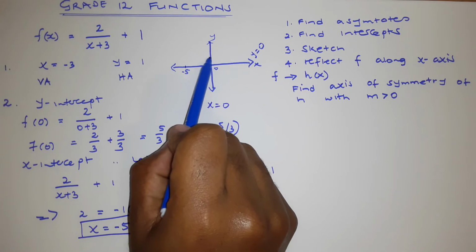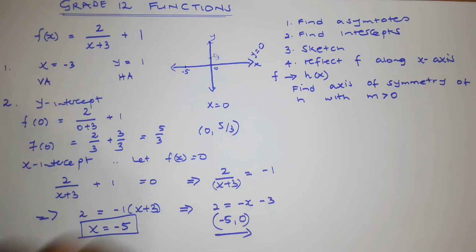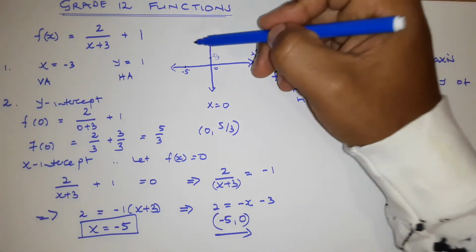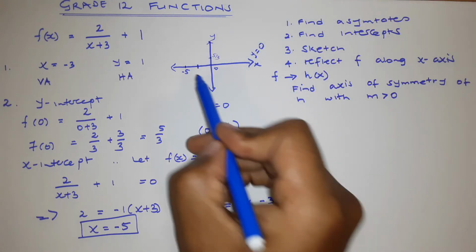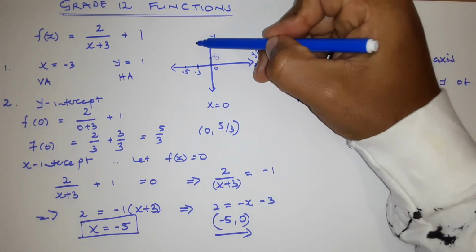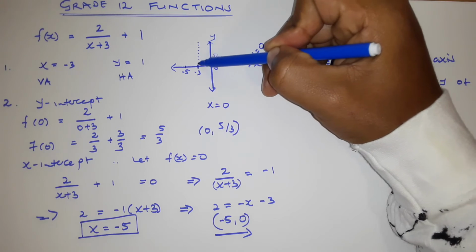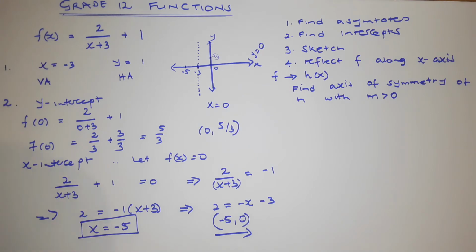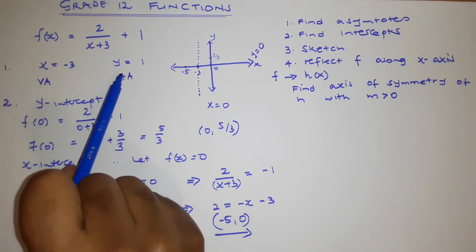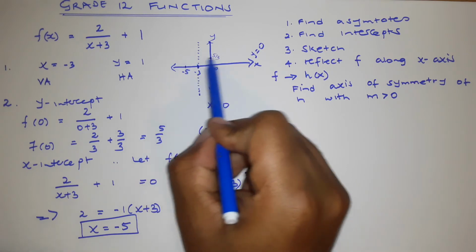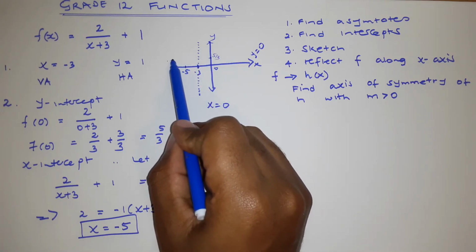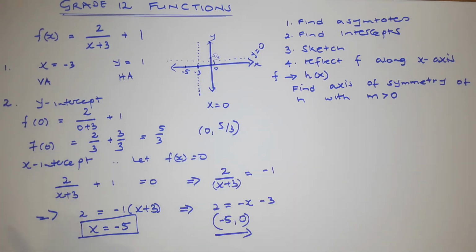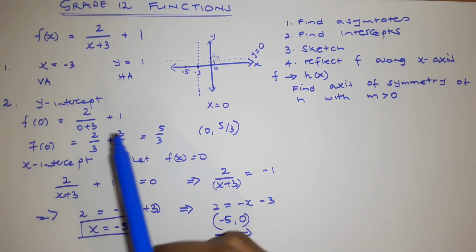The vertical asymptote is x is equal to -3, and the graph will approach this line but will not touch it. The horizontal asymptote is y is equal to 1, just here.